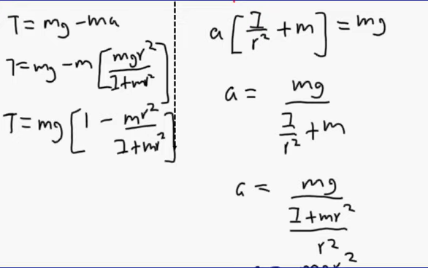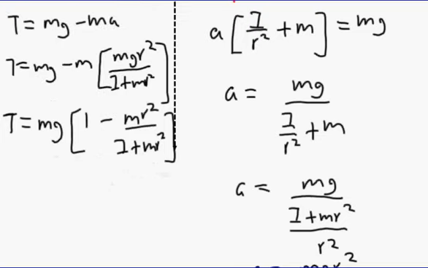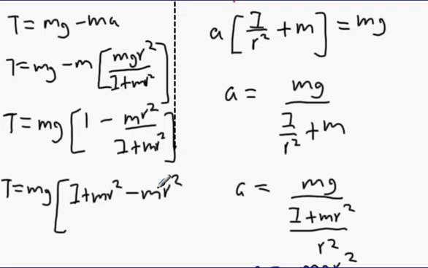That is okay. So we're going to break this down further. We're going to get a common denominator. So we're going to get T equals mg times I plus m r squared minus m r squared all over I plus m r squared.